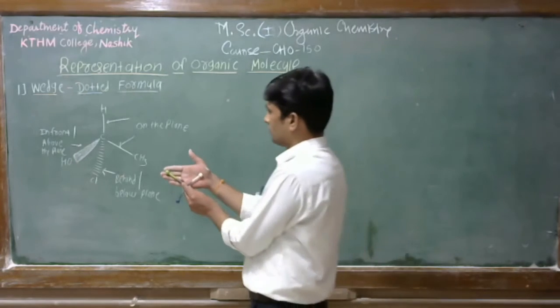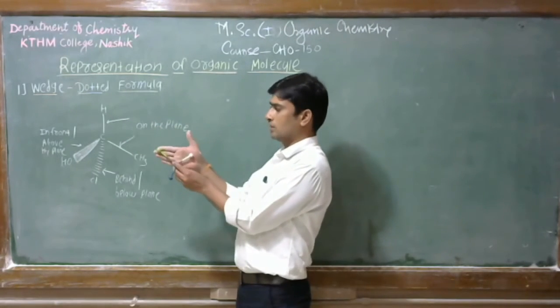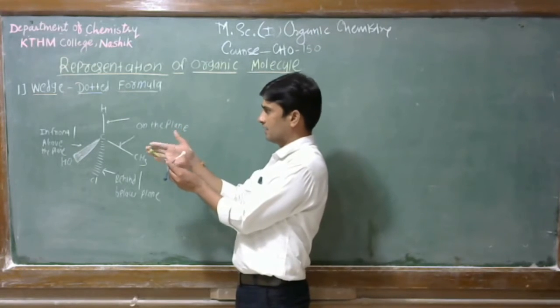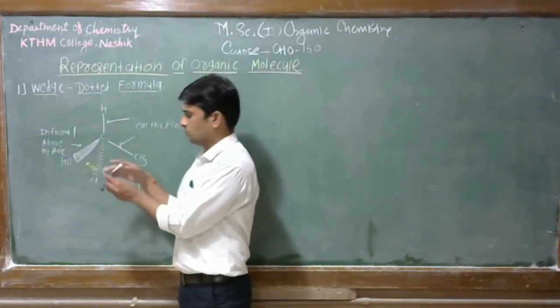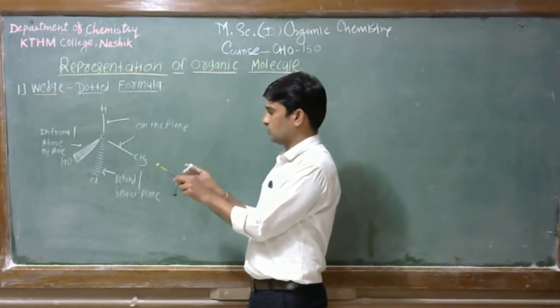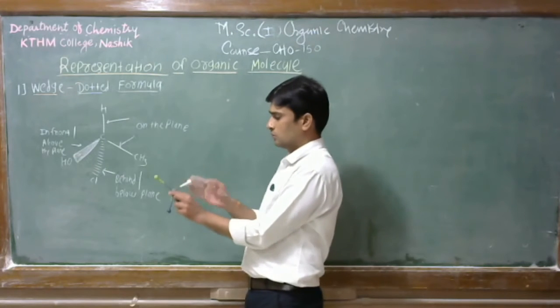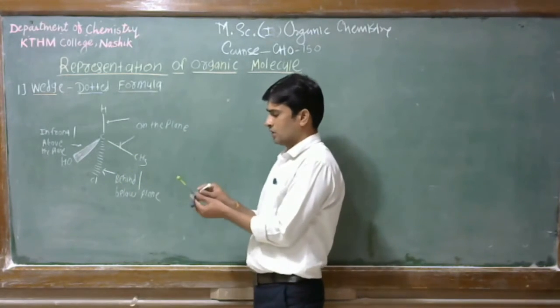So we can see these two groups present on the plane. One group is in front of the plane, and the remaining one group is behind the plane, which is shown here by the dotted line.